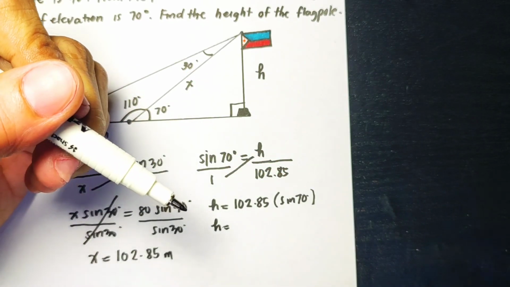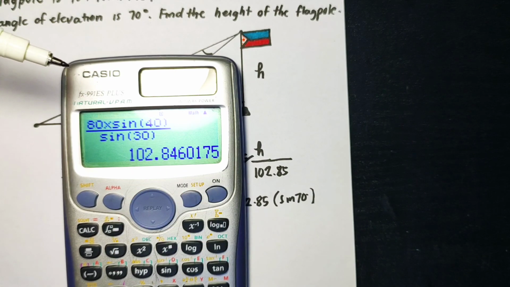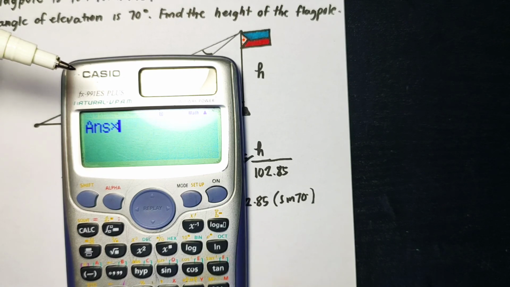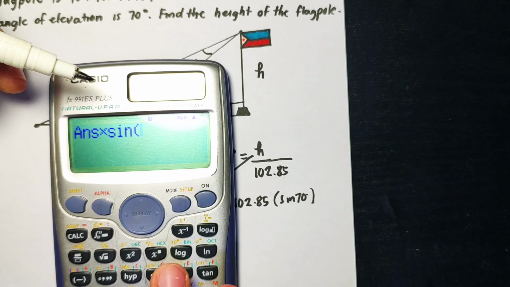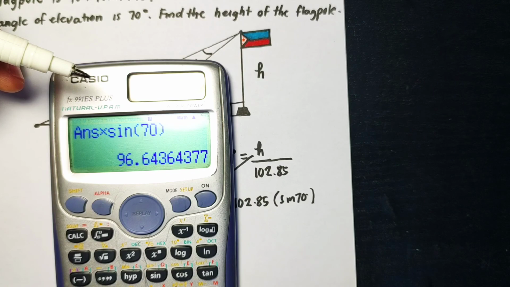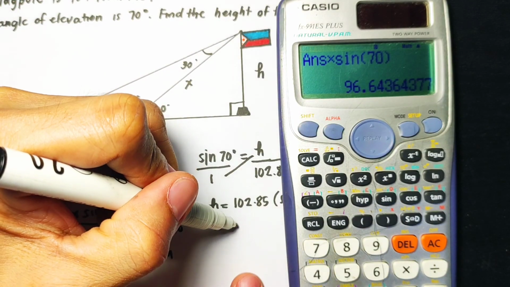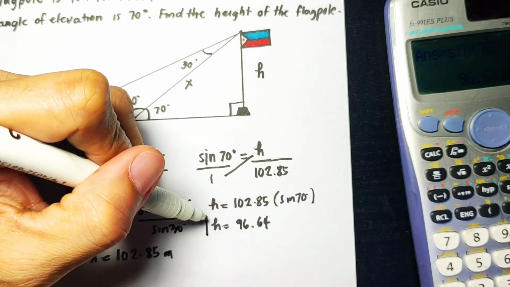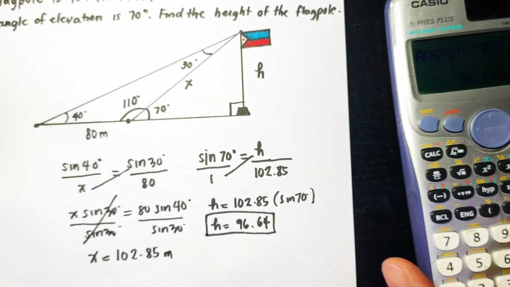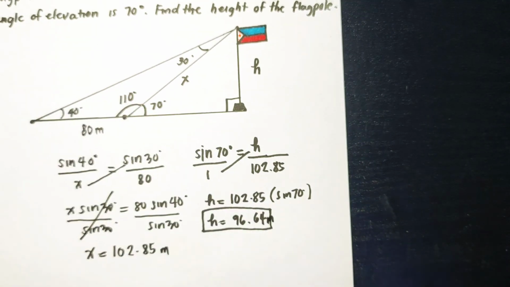Let's use our calculator once again. Multiply 102.85 by sine 70 degrees. What are we going to get? We have 96.64 meters. Therefore, the height of the flagpole measures 96.64 meters.